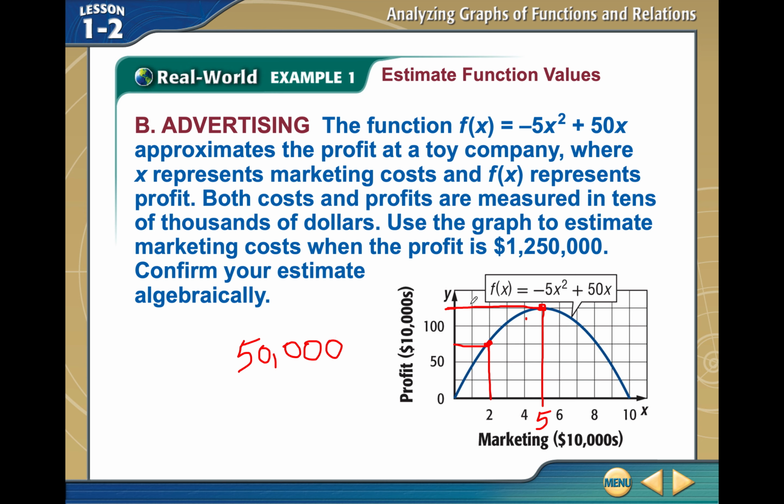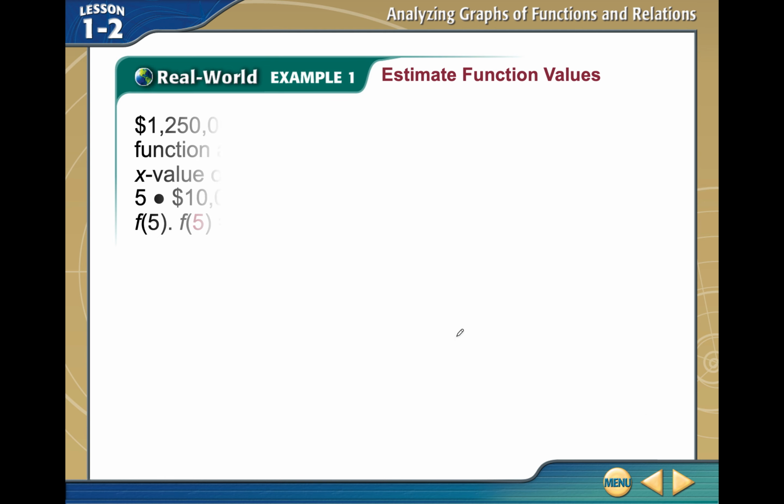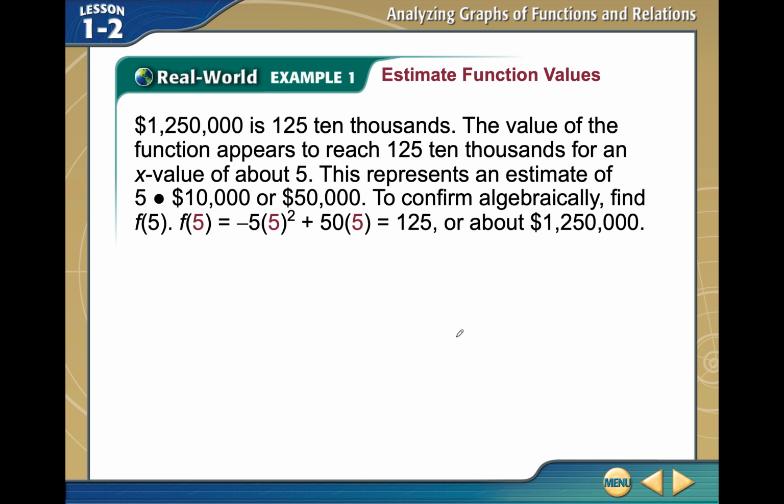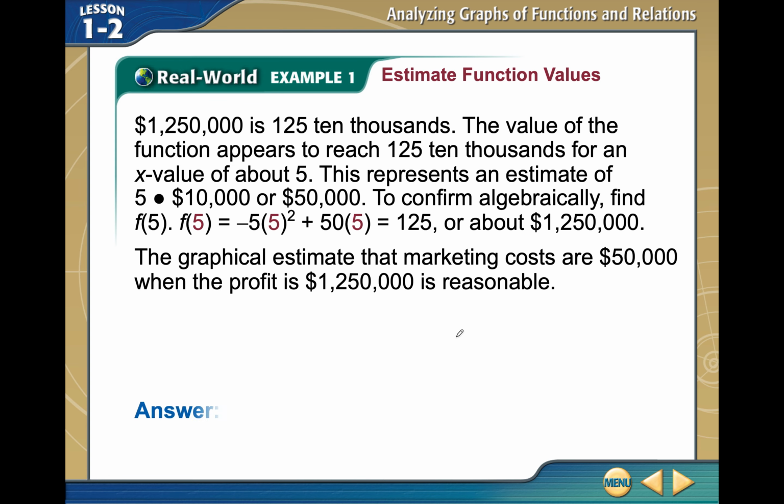If we plug the value of $1,250,000 in for f of x and try to solve for x, we might find that it is a bit more than that, maybe. Let's see. So they have plugged in the values, and with some calculations, they found it to be exactly the same. Good, excellent. So it's exactly the same value, which is $50,000.